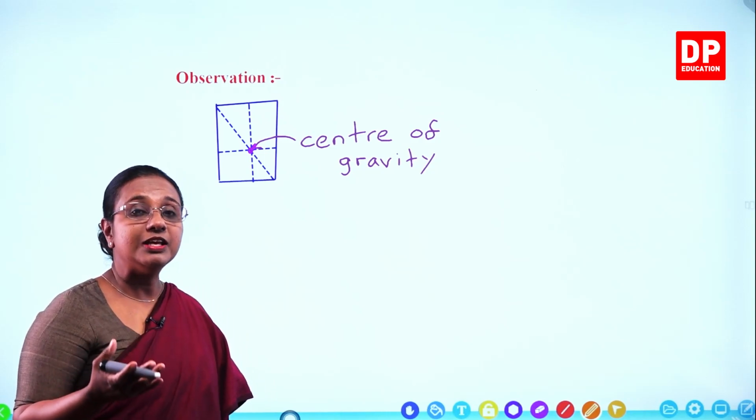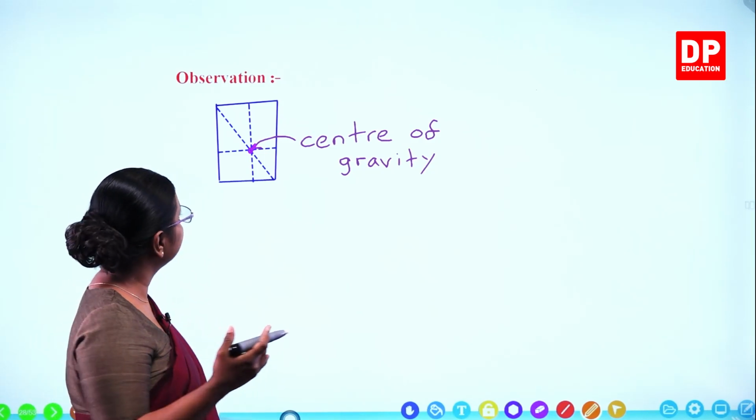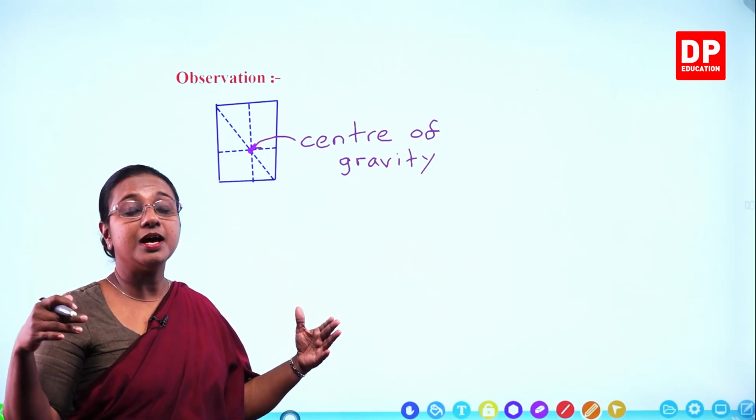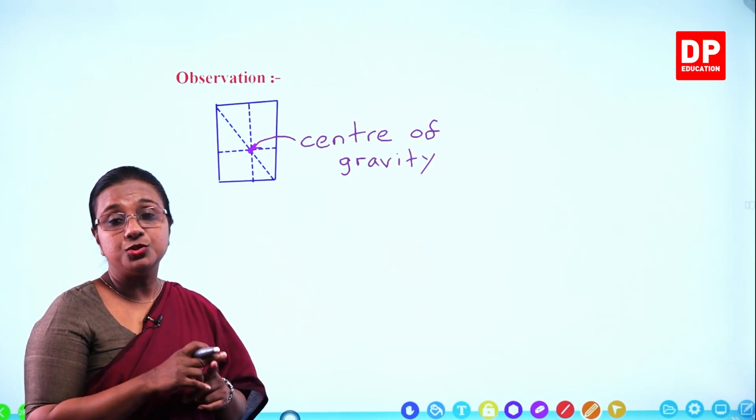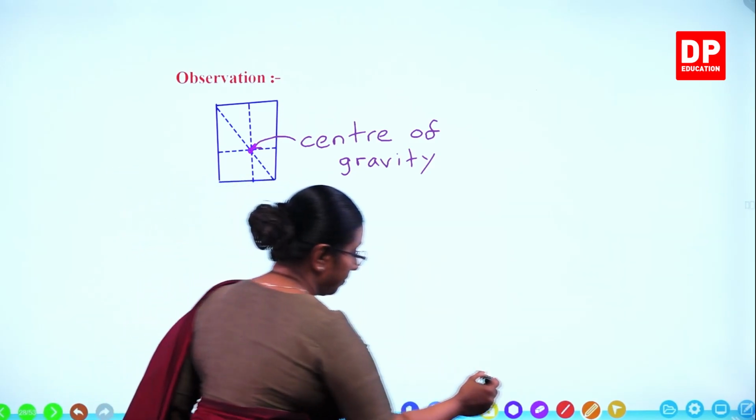After that, what did we do? We suspended the lamina like the picture using two twines from two different points.